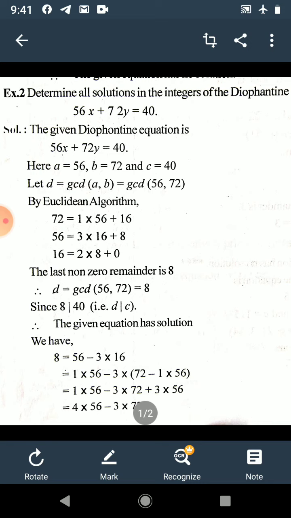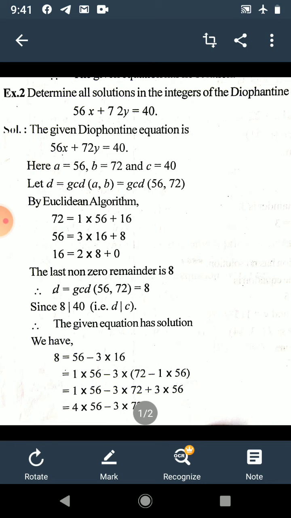Once the given Diophantine equation has one solution, suppose x0 and y0, then using this we can find all solutions of the linear Diophantine equation.